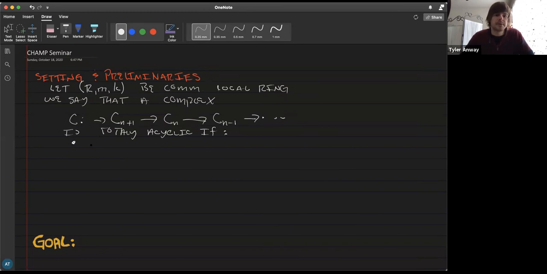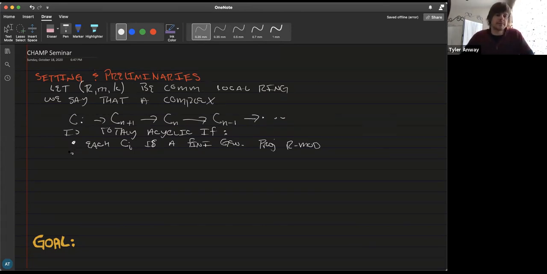The first being that each C_i is a finitely generated free R module.